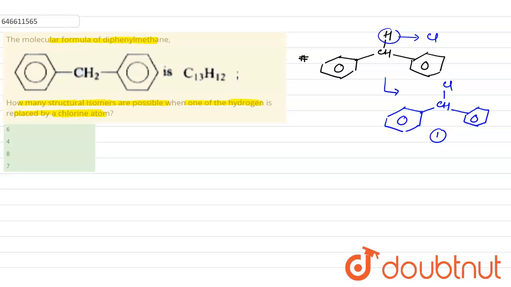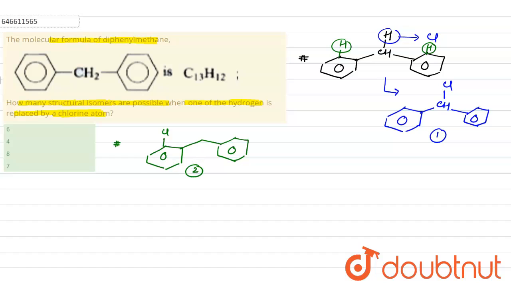Okay, now we can replace this hydrogen and this hydrogen. These two hydrogens have the same environment, so we will get one isomer by replacing any one of these, and that would be, here is the chlorine atom, here is CH2. So this is the second isomer.